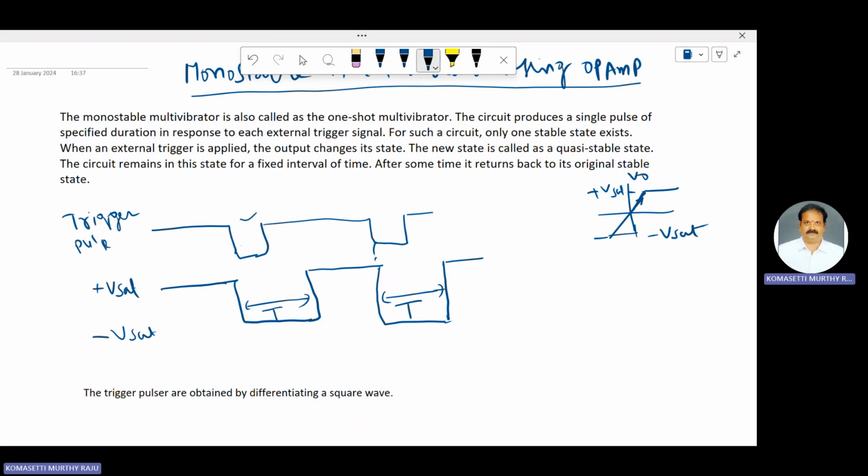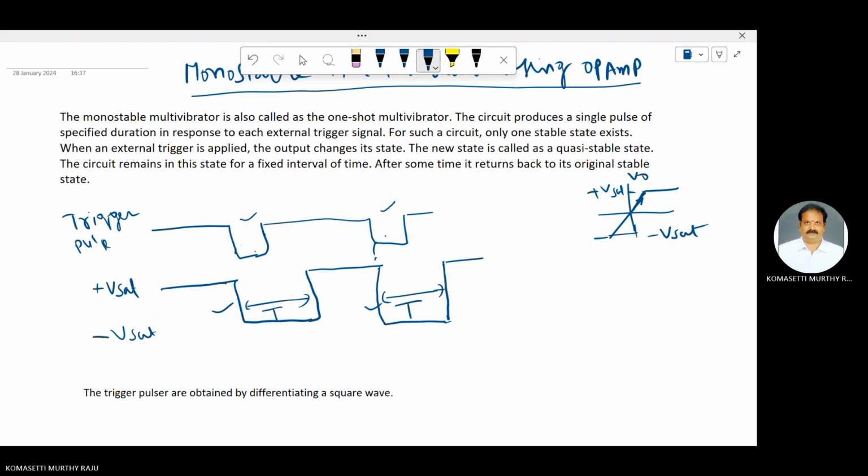For each and every trigger pulse, a single pulse of specified duration is produced. This is the single pulse. The monostable multivibrator is also called the one-shot multivibrator.